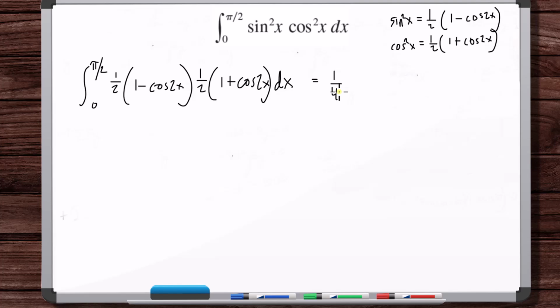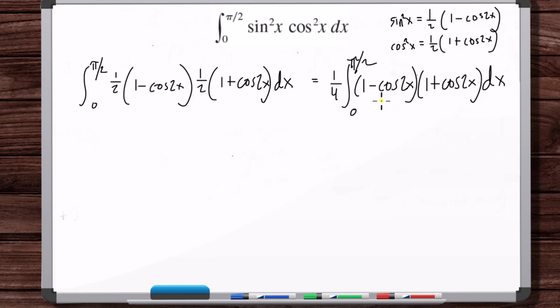So 1/4, and this is like an a minus b, a plus b, so it's going to be 1 minus cosine squared of 2x. So 1 times 1 is 1, plus cosine 2x minus cosine 2x, and then minus cosine squared 2x.